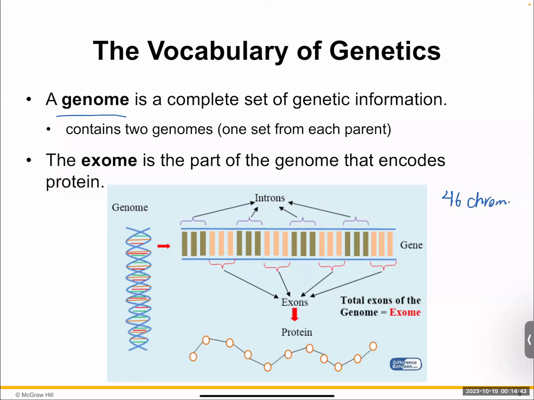And of these 46 chromosomes, 23 have come from your mom, and 23 from your dad. If you put all of that genetic information forming those 46 chromosomes together, we refer to that as your genome. So you're inheriting one set from each of your parents. For us, that's the 46 chromosomes.